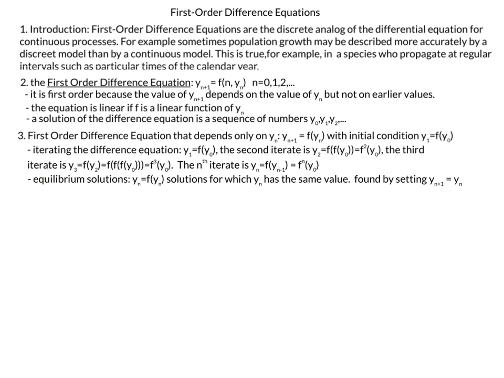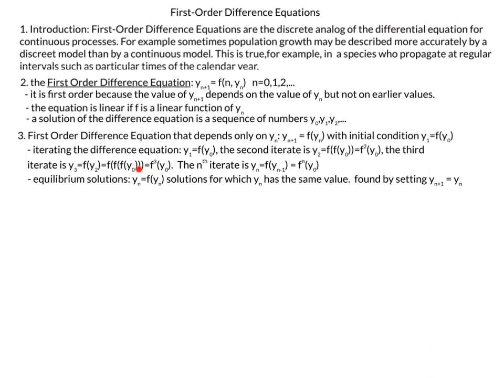Because these are population dynamics, we are going to look at equilibrium solutions and then study their stability. And if you recall, equilibrium solutions are where things stay stable and don't change. In other words, where y_n is equal to f of y_n. So one generation is equal to the previous generation. When we did differential equations, it's where dy/dt was equal to 0.